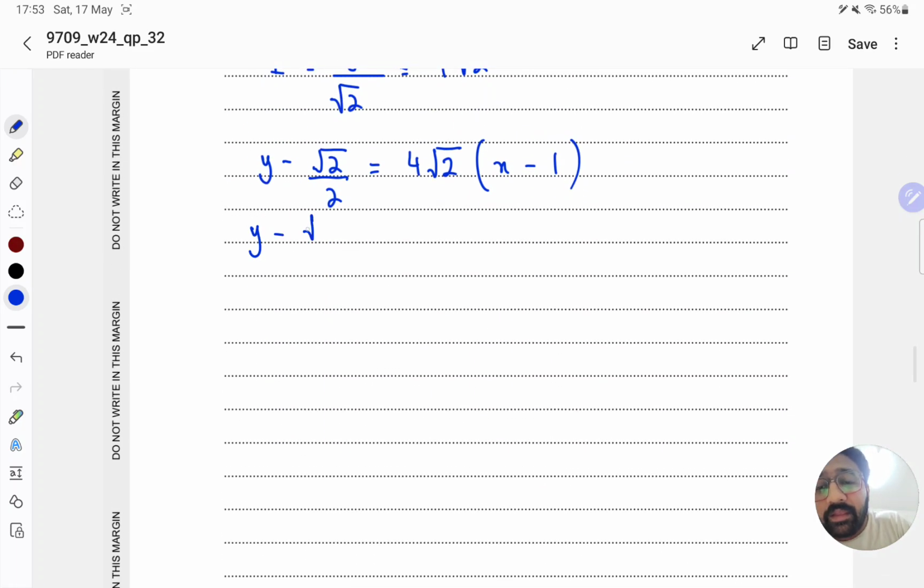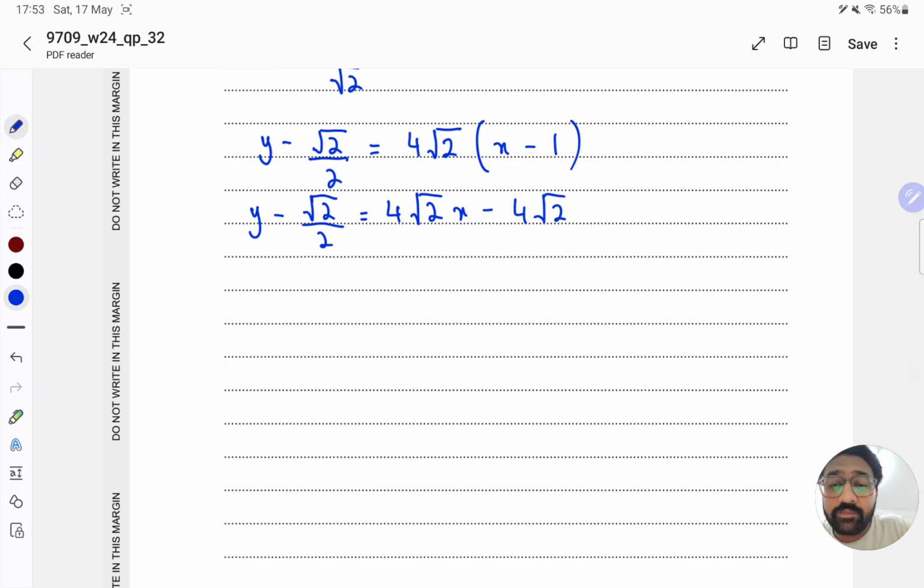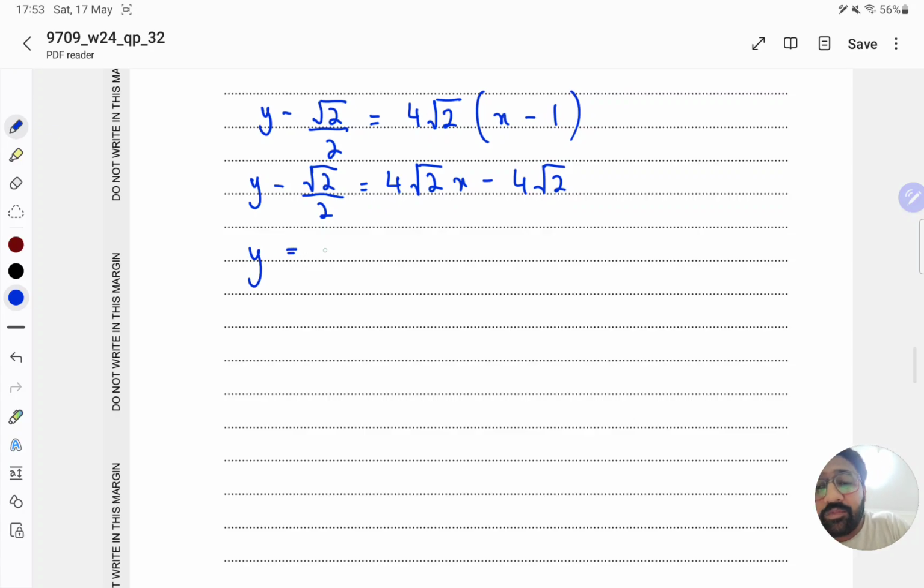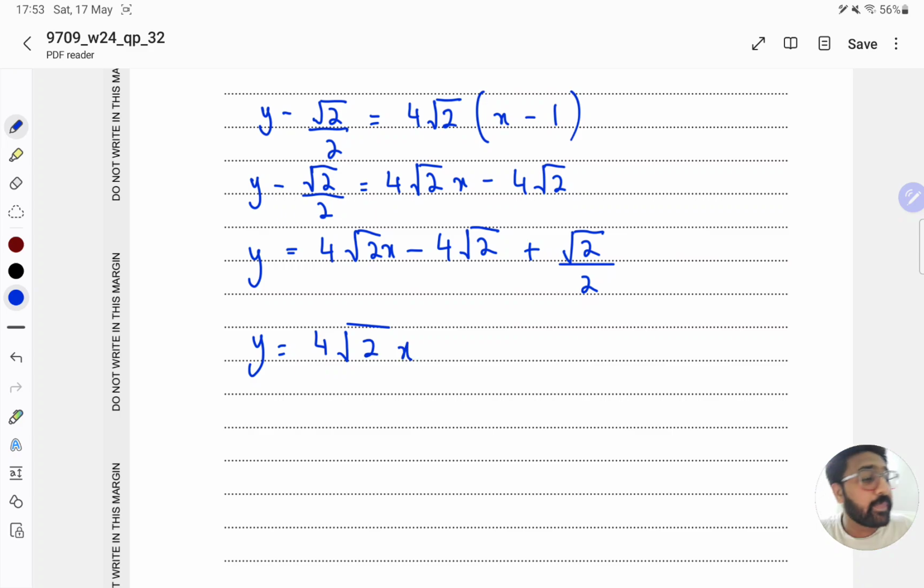Simplify: y minus square root of 2 by 2 will be equal to 4 square root of 2x minus 4 square root of 2. Bring like terms to one side. 4 square root of 2 minus 4 square root of 2 plus square root of 2 divided by 2. So y will be equal to 4 square root of 2x.